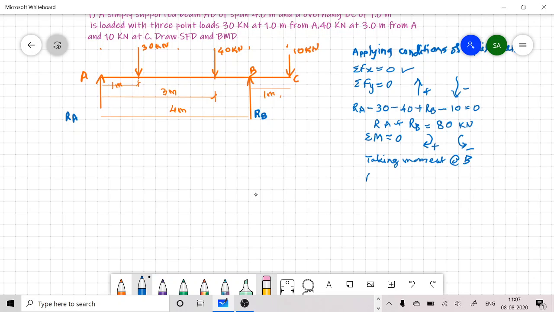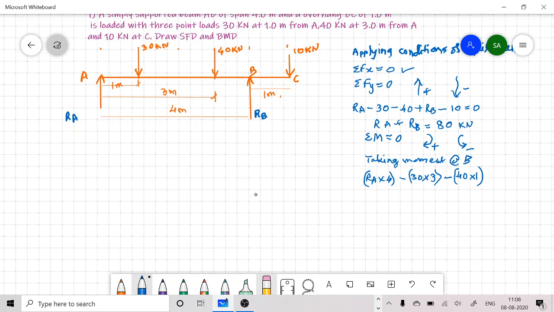RA into 4, this is a clockwise moment, so positive, minus 30 into 3, because the distance of 30 from B is 3 meter, minus 40 into 1, because 40 is acting at a distance 3 meter from A and from B it is 1 meter.